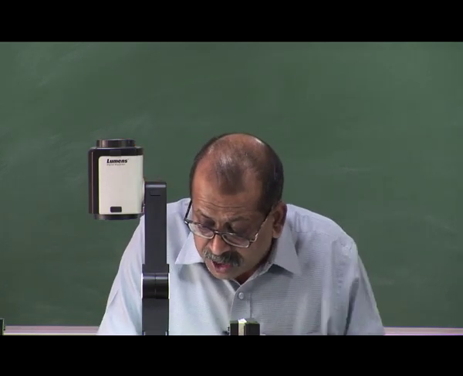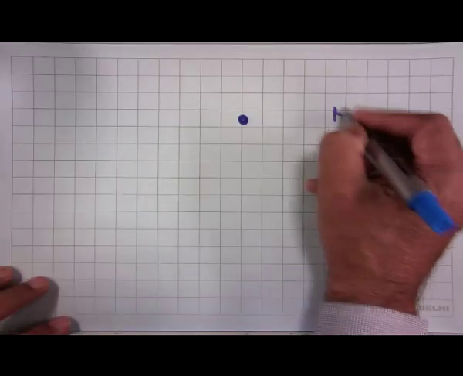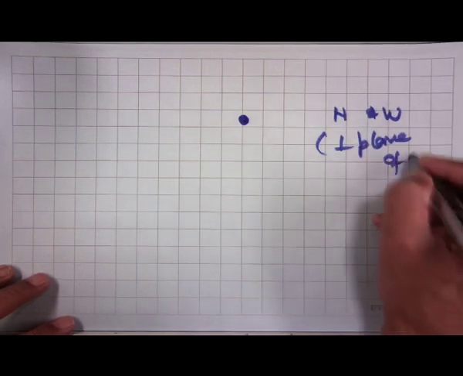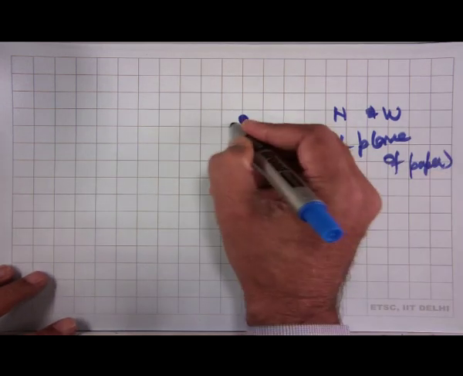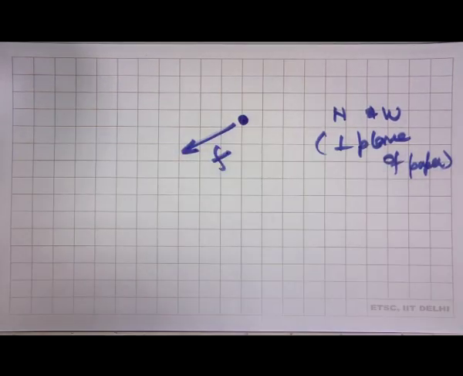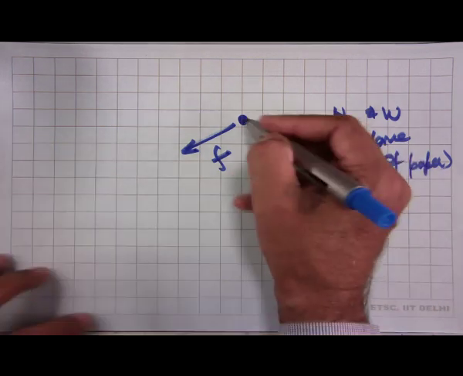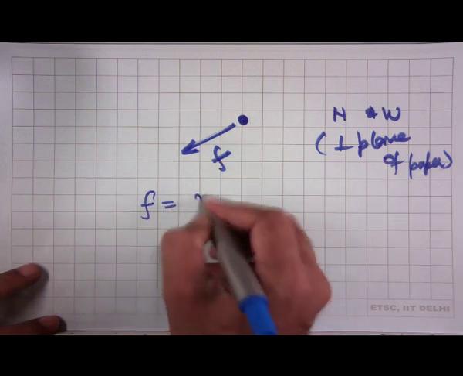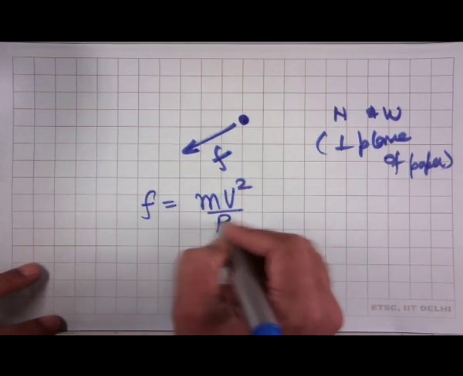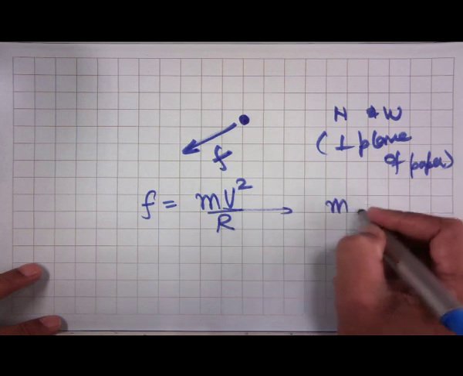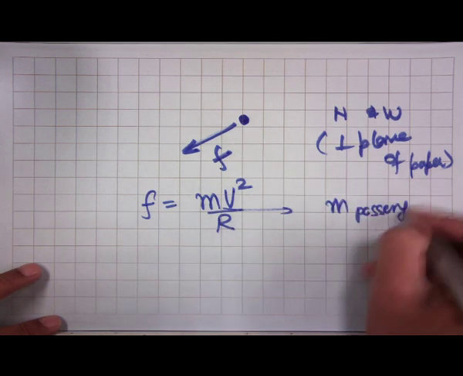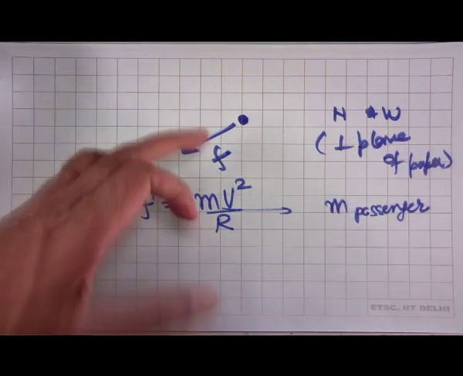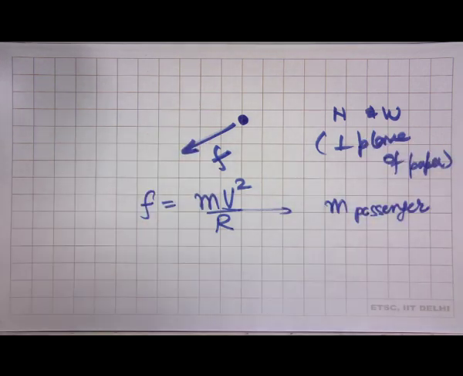So, in the free body diagram of the passenger, there will be n and w perpendicular to the plane of the paper, and there is a friction force. These are the 3 external forces acting on the passenger, and this friction force has to be equal to mv square upon r, where m is the mass of the passenger. So, this acceleration which the passenger has to be provided by the friction force.